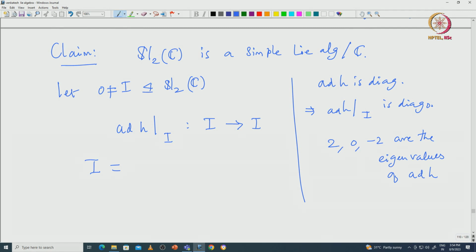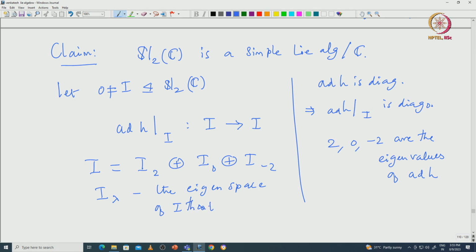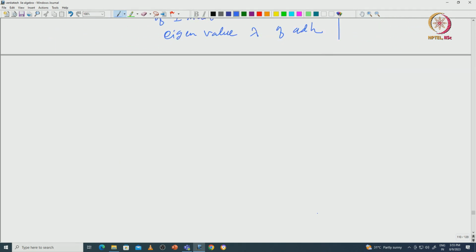So, I can be written as I_2 plus I_0 plus I_minus 2, where I_lambda is the eigenspace of I that corresponds to the eigenvalue lambda of ad h. Now you have this eigenspace decomposition.